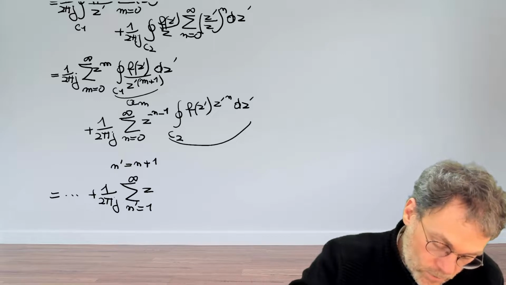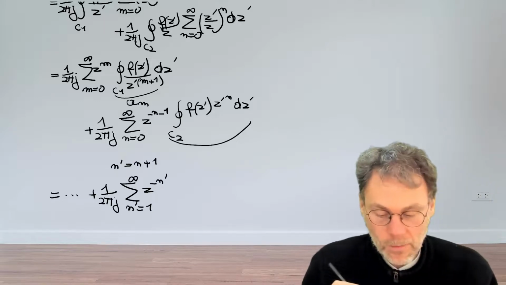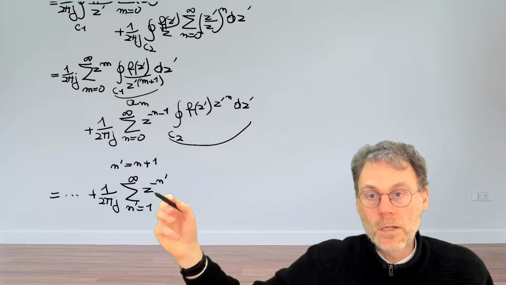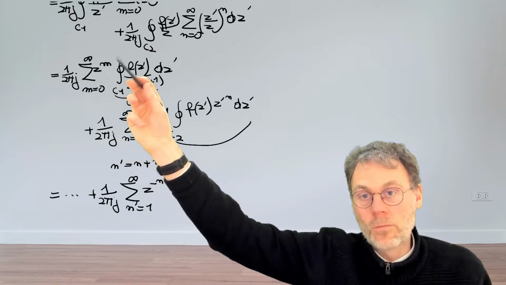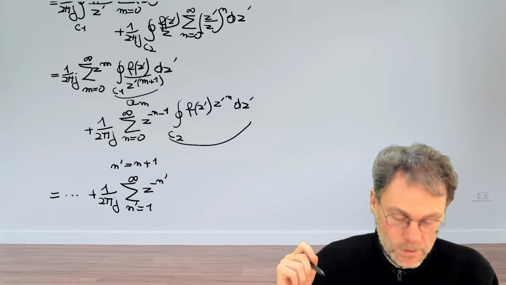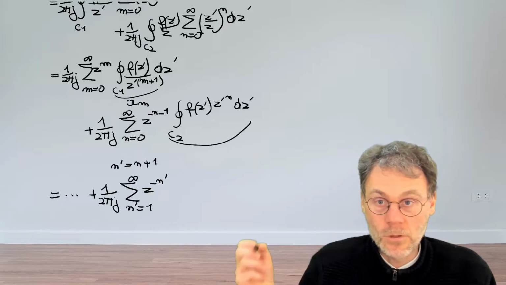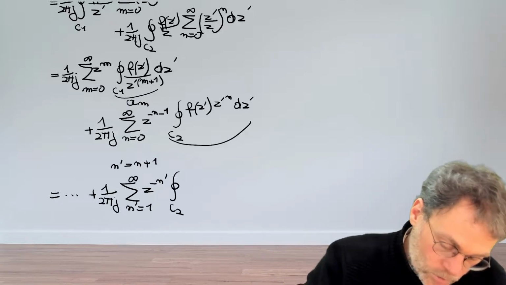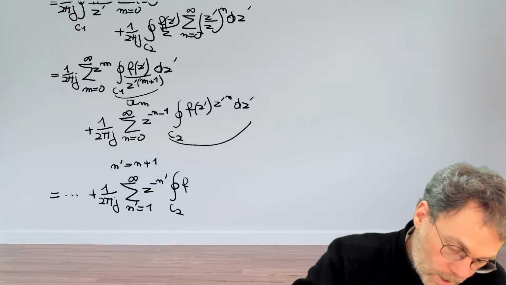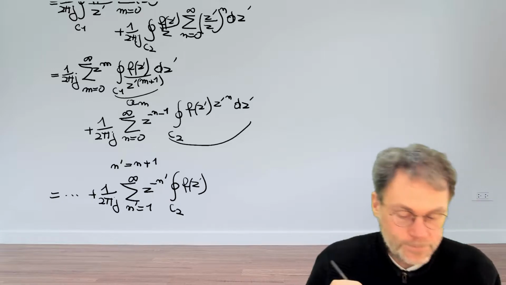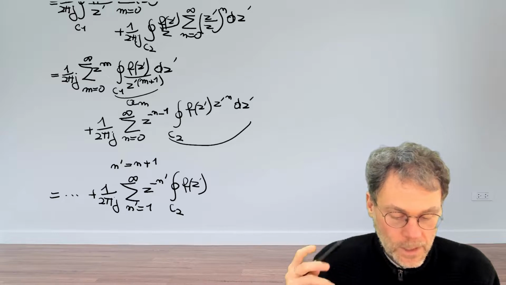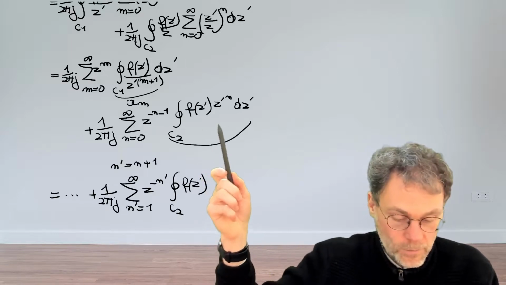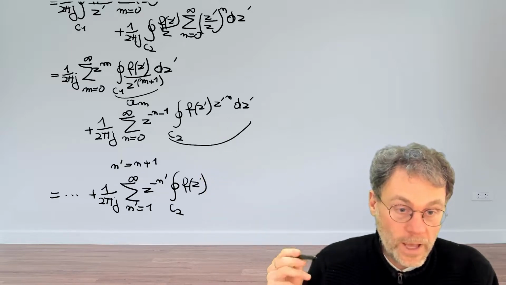So we have z to the power of minus n prime, which makes it look a lot more like z to the power of m here. So that's a lot more symmetric. Let's see if the trend continues. And now we have the integral over the contour C2. We have f of z prime, and then we have z prime to the power of n.